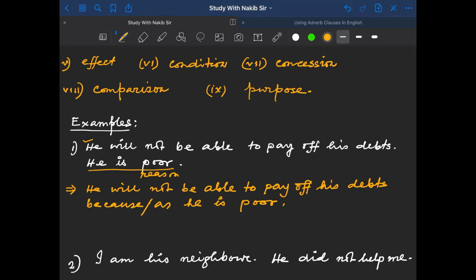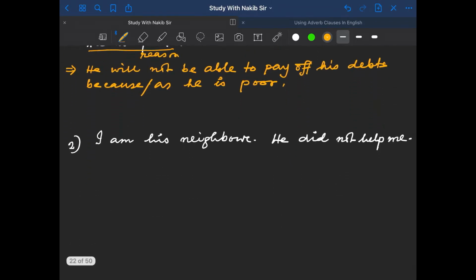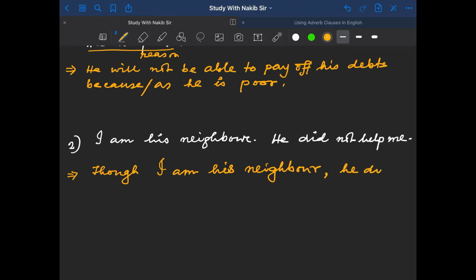Okay, and another example. This is a very easy point. See the example. I am his neighbor. He did not help me. So it is a concession. See this: Though I am his neighbor, he did not help me.